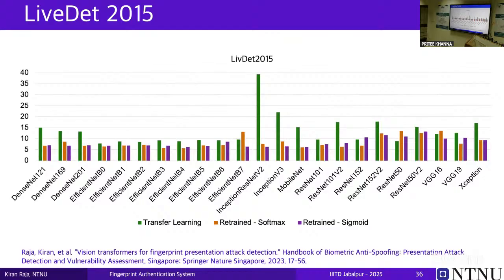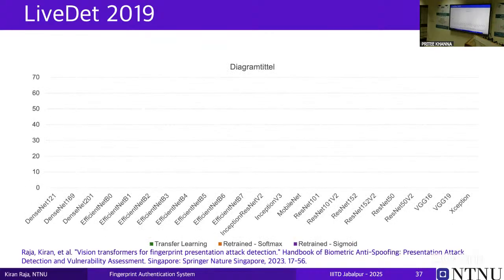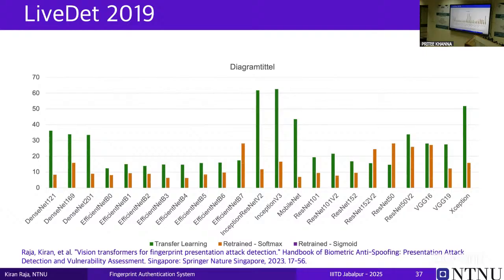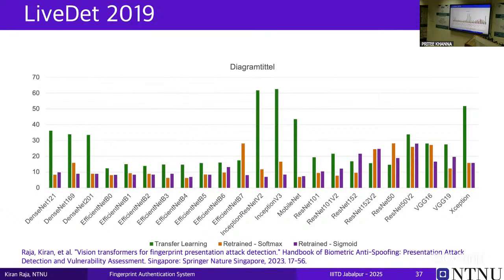Okay, so now what happens in 2015? These were the numbers for the data set from the 2015 version, and then the 2019 version. If you look at the same thing, now you see that the error rates slightly increase, and then you can also see that the error rates decrease when you train it again from scratch. Okay? But what has changed? In 2015, the data set was easier.